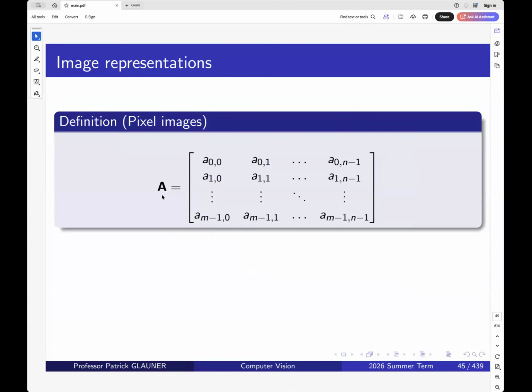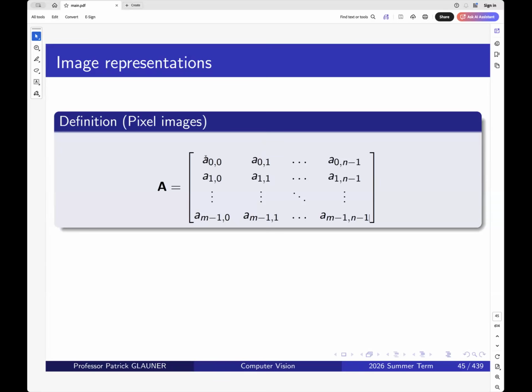So we see this is what we get out of our digital camera, and concretely, we can represent this as a matrix. I try to use a convention here in this course where a matrix is a capital in bold. So capital bold A denotes our matrix. And our matrix has m many rows and n many columns. And each element in here would be, for example, a byte.